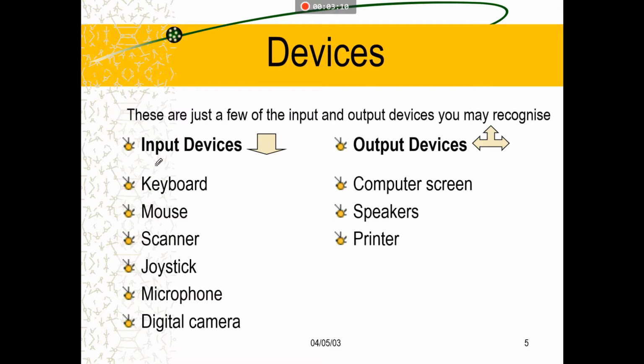Let us discuss a few examples of input devices: keyboard, mouse, scanner, joystick, microphone, digital camera. The keyboard is very easy for you all, when you use the alphabet keys and numeric keys to give input, let's say a plus b.